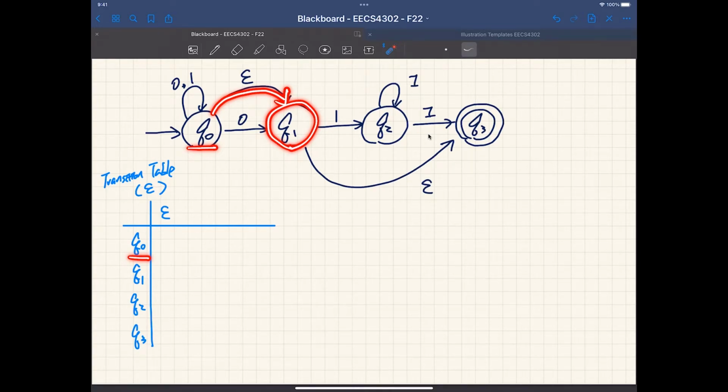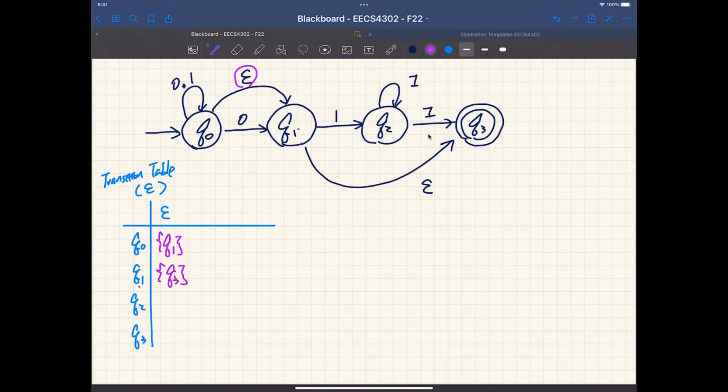And don't forget, the resulting state for each transition for an NFA will be a set of states. So you will need to put just Q1 over here, taking epsilon. And from Q1, if you take epsilon, it will be Q3.